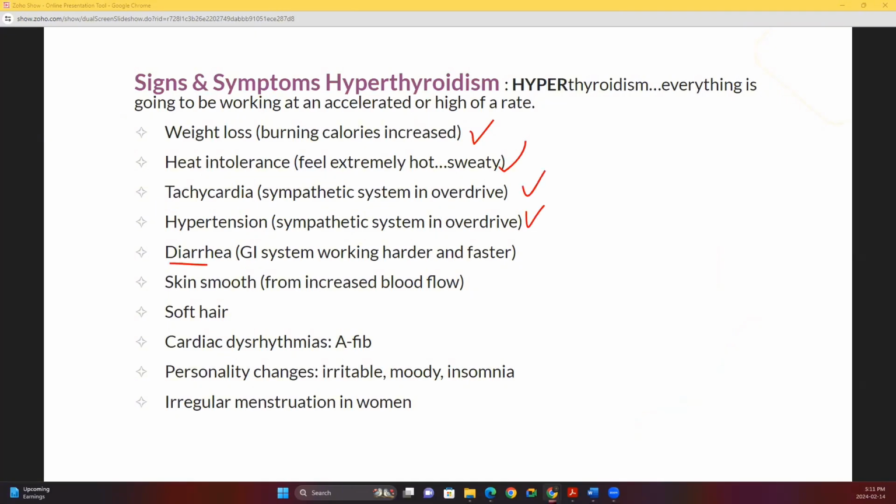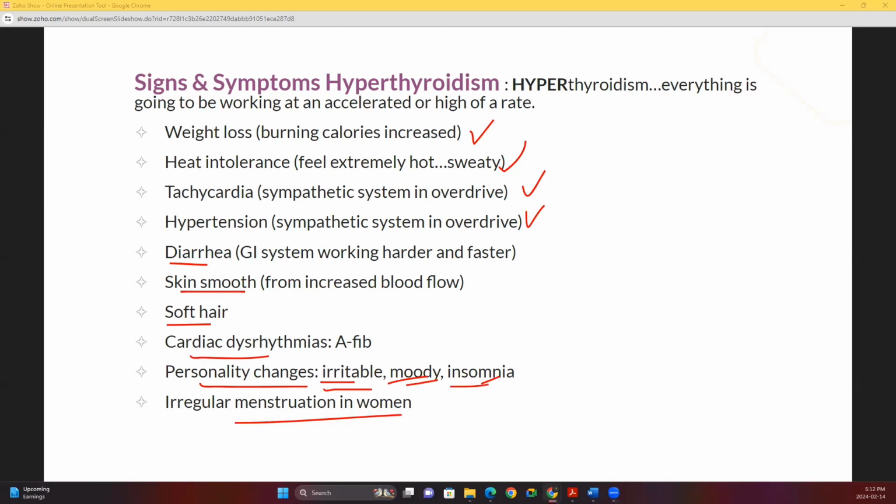Because too much blood is running, the skin will be smooth, not dry, with soft hair instead of brittle hair. Also cardiac dysrhythmia, personality change like irritable, moody, insomnia, and irregular menstrual cycle in women.